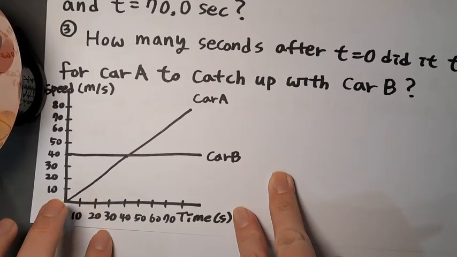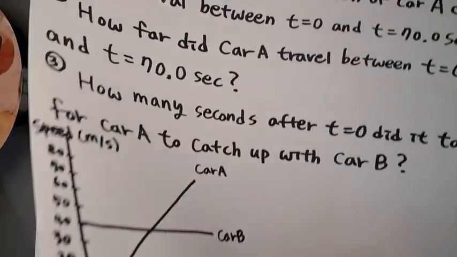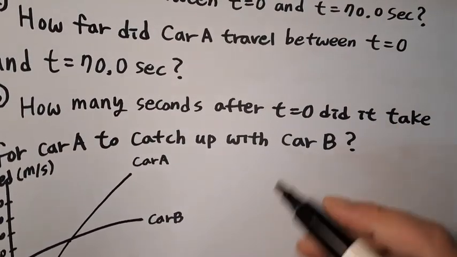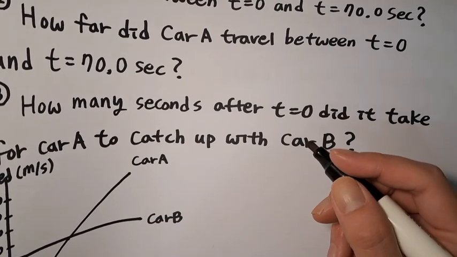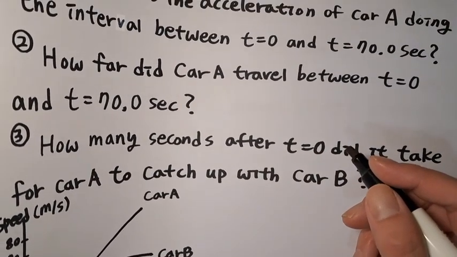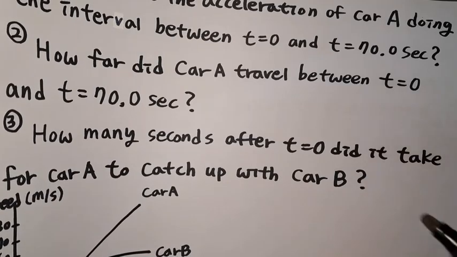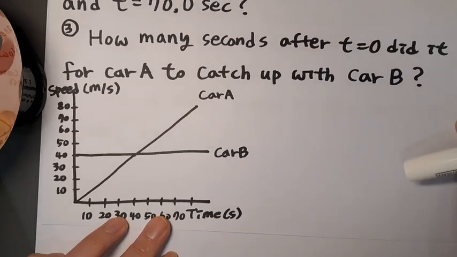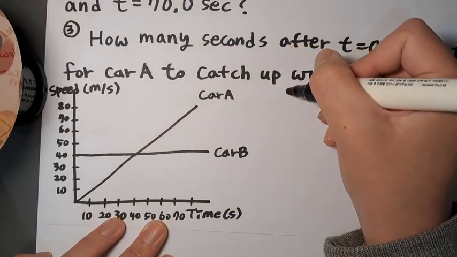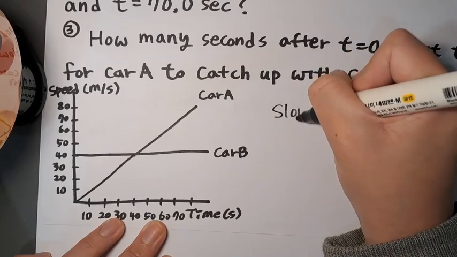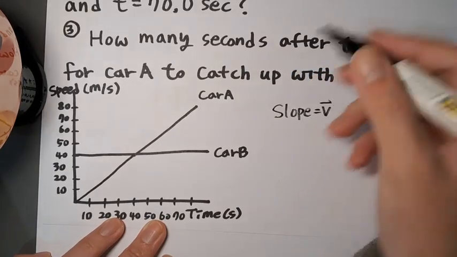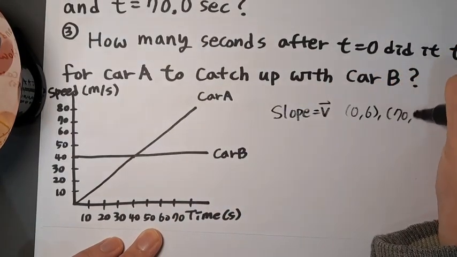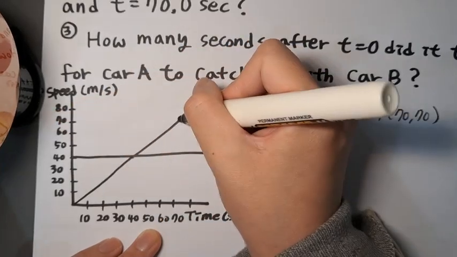So firstly, we are going to find the acceleration. This is what the question asked. So also in this graph, the slope is going to be velocity, and this point is going to be this, and you can find this point.